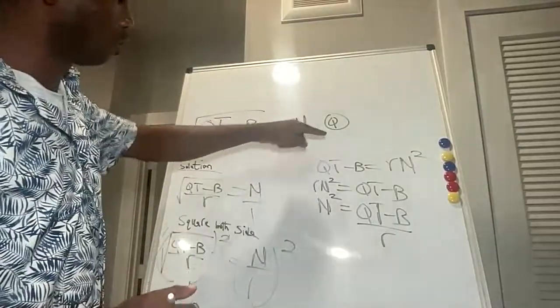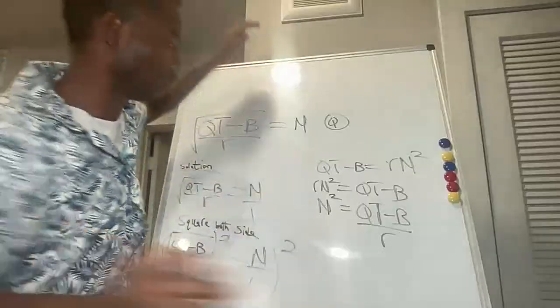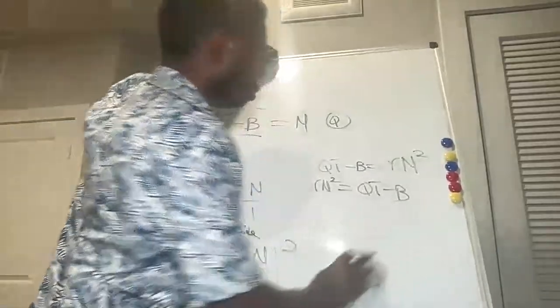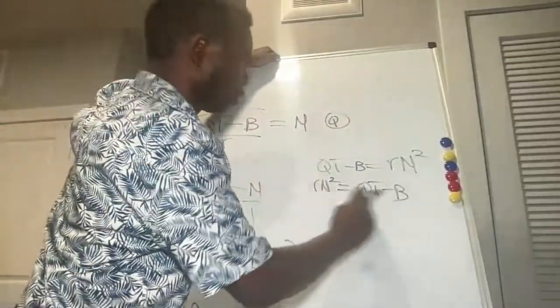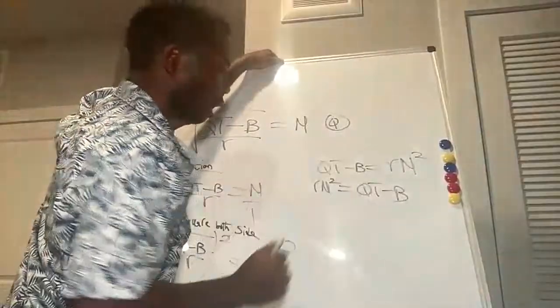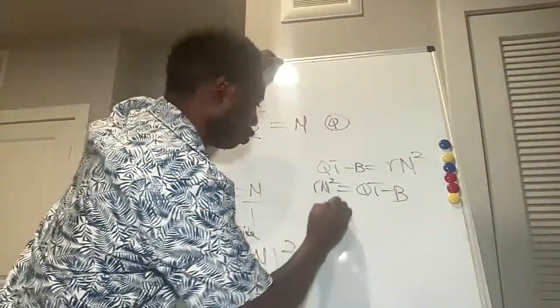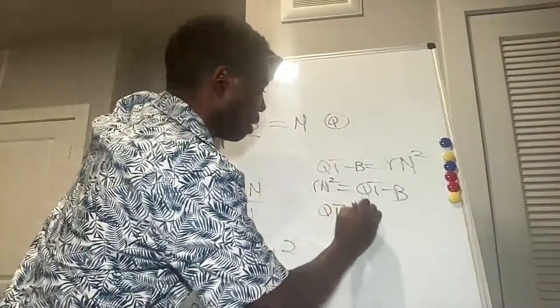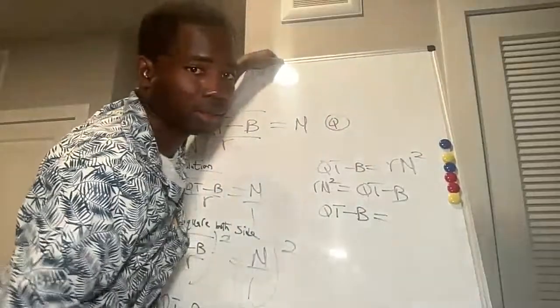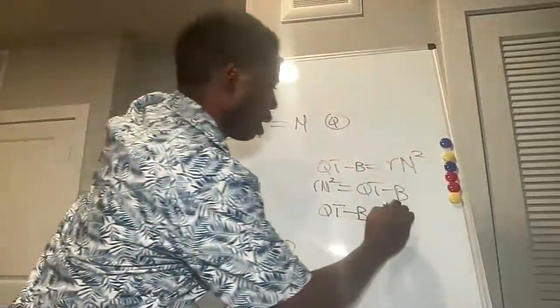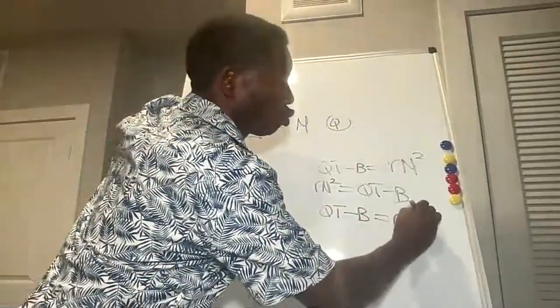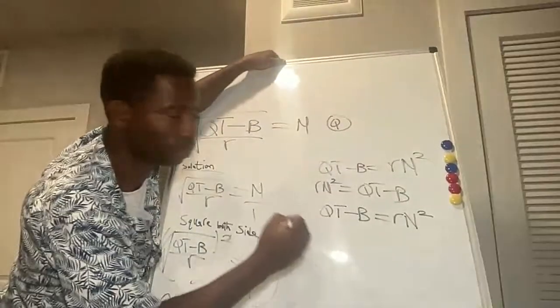We are making q subject of the equation. We are making q. Let's make q. We have q here, so let's bring everything that have q to our left hand side. Qt minus b is equal to r n square.